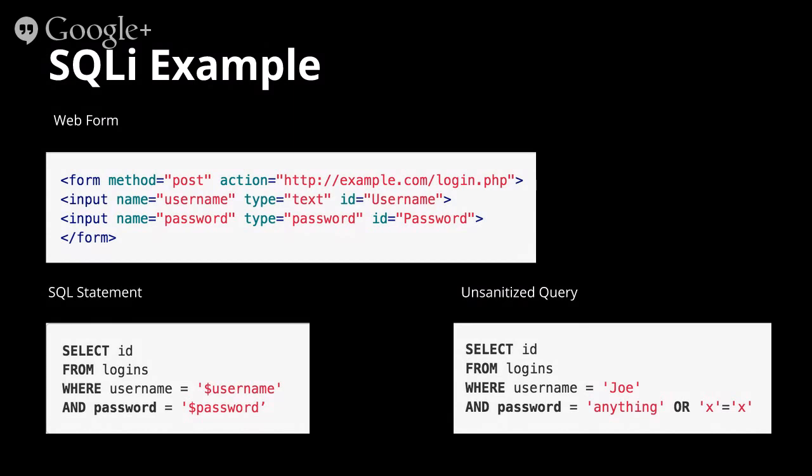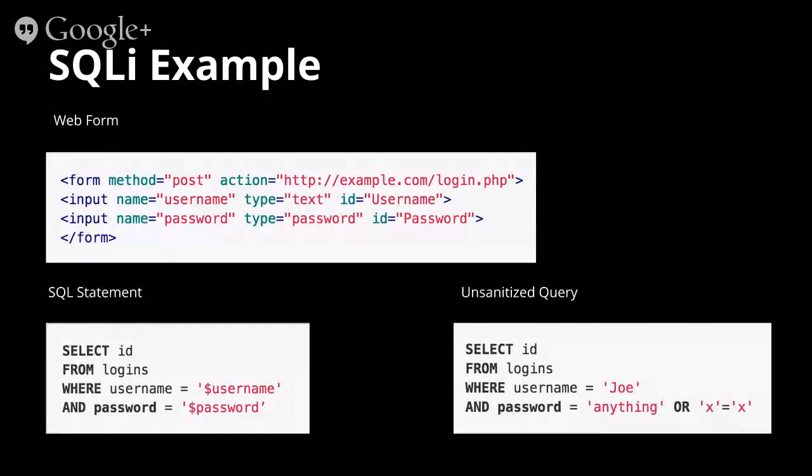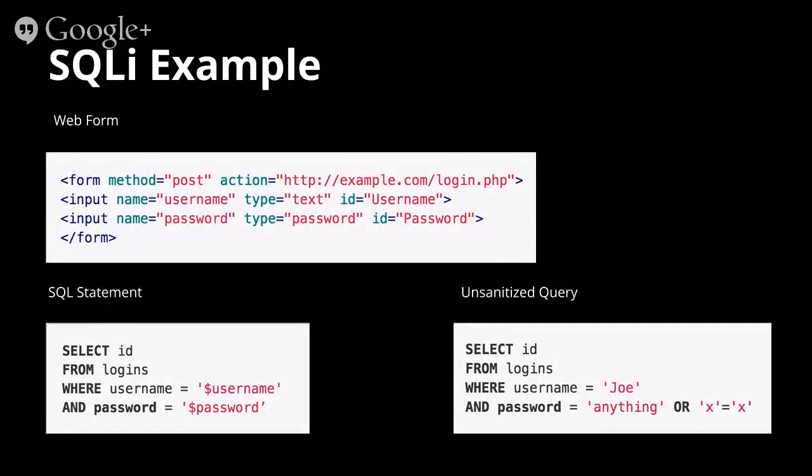So you want to close off with the tick, and you want a space. In the password field, we're basically tick, space, or, and then we need a true statement. So we have up there tick x tick equals tick x tick, no tick at the end.